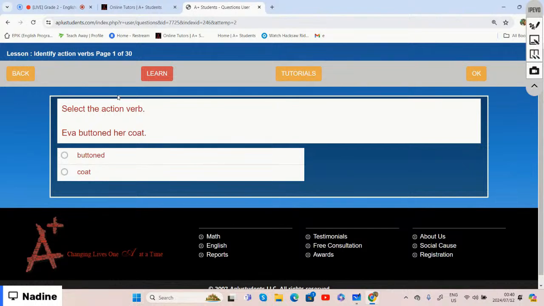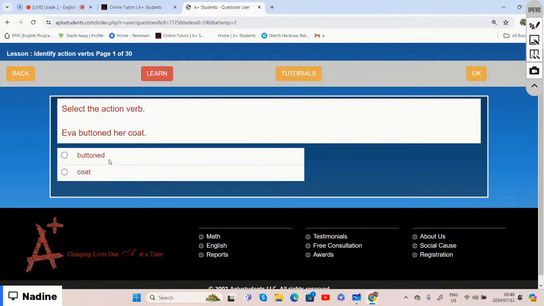All right, so let's look at the sentences in the test. It says Eva buttoned her coat. We need to select the correct action verb. Is it buttoned or is it coat? What did Eva do?